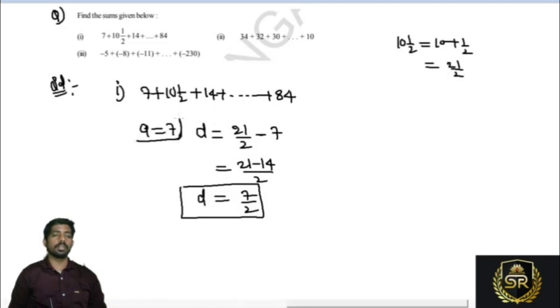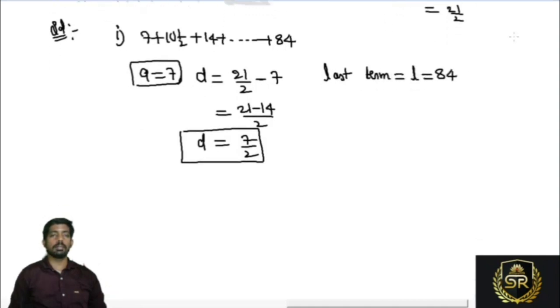A is equal to 7, and the last term l is 84. Okay, therefore it is asking the sum of n terms.